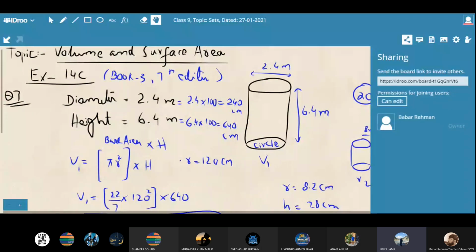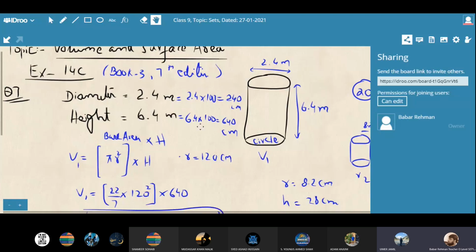The formula for the radius is to divide the diameter by 2, so we get the radius, which is 120 centimeter. Further, when we expand the equation, volume will be equal to 22 upon 7, or you can also take 3.142, multiplied by 120 square, and then multiplied by 640.